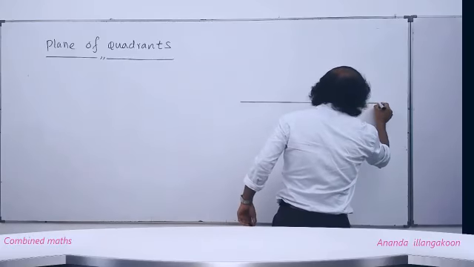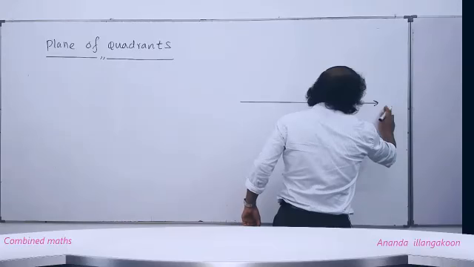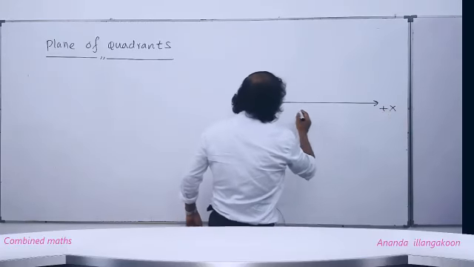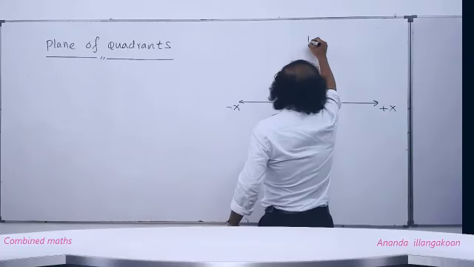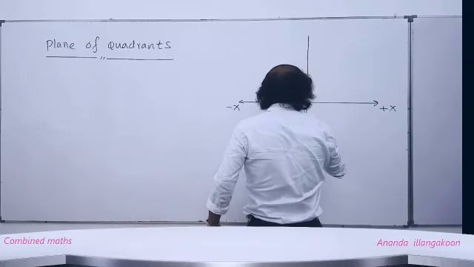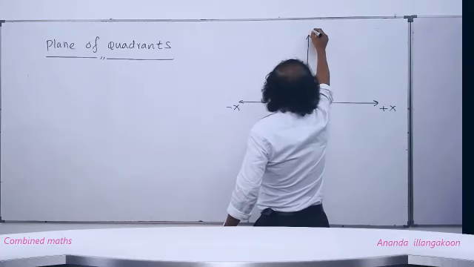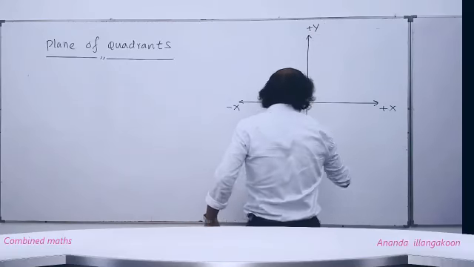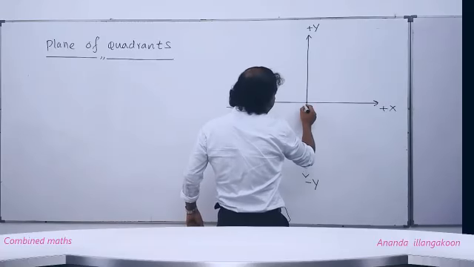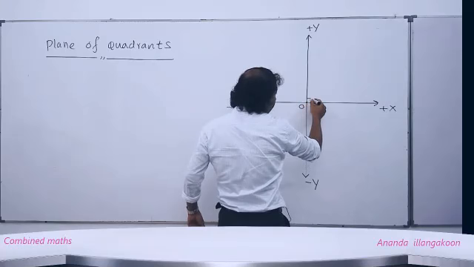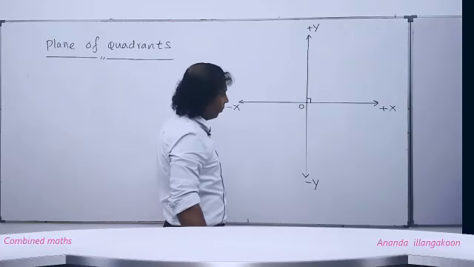This is positive x-axis, and this is negative x-axis. This is positive y-axis. This is negative y-axis. This is called as the O. Each axis is perpendicular to the other.